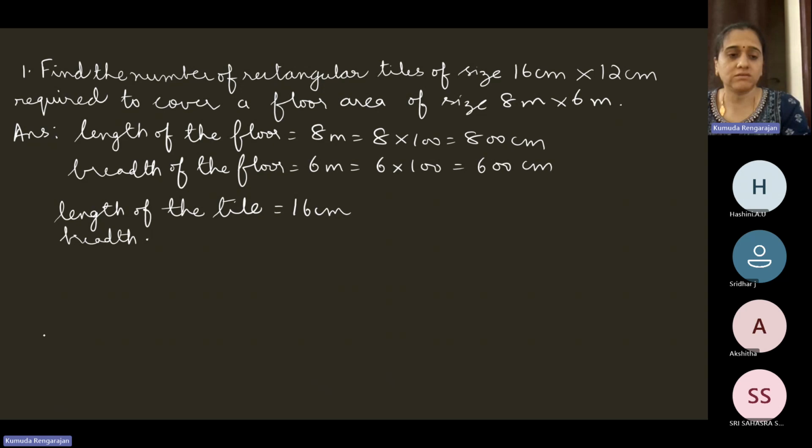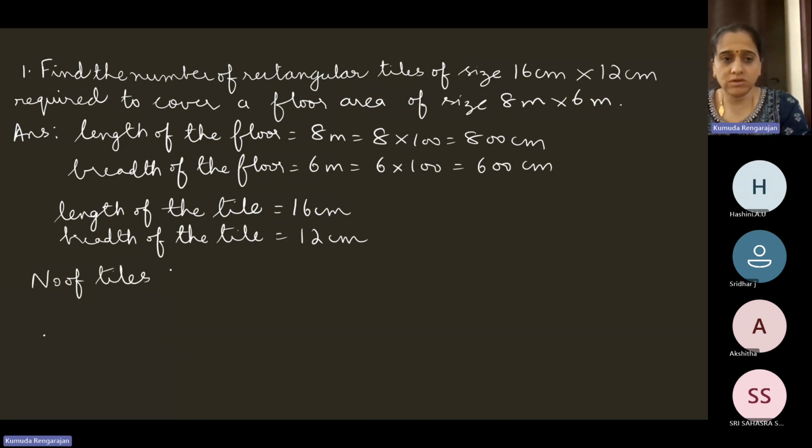Breadth of the tile is equal to 12 centimeters. Now, number of tiles required is equal to the area of the floor divided by the area of one tile.